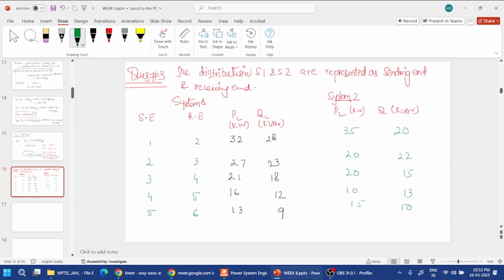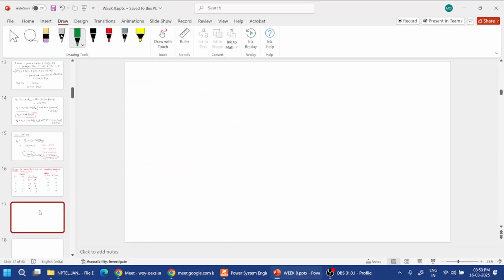So what we have to find here: all the lines in the system have the same impedance. It is given in the question, for both systems actually.